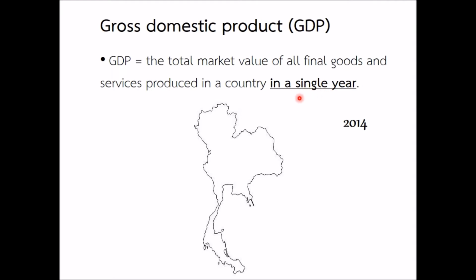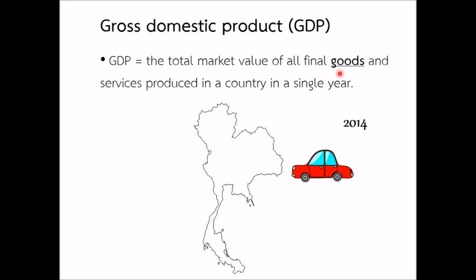Furthermore, we are looking at a specific single year. For example, we are interested in the gross domestic product of Thailand in the year 2014. And we want to measure the total market value of all final goods and services.